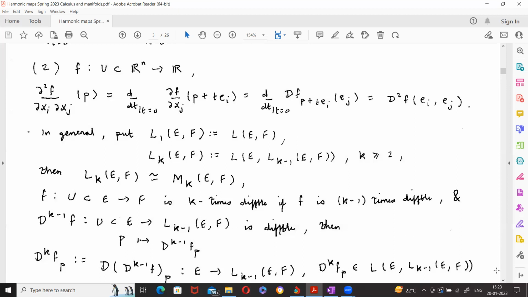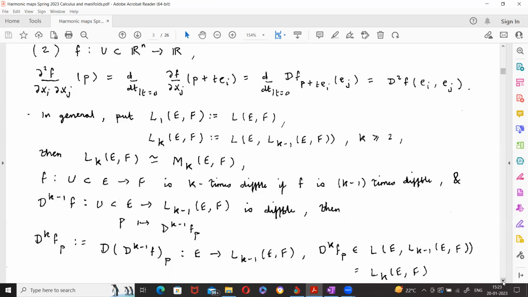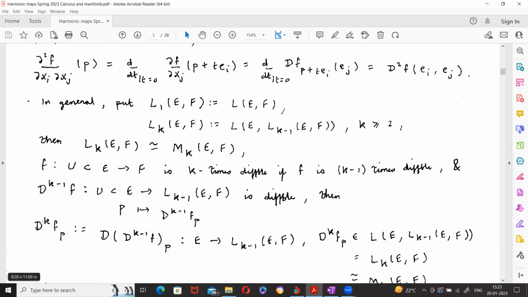Okay. So then what will the Kth derivative be? D^K F at P will be the derivative of this map, D^{K-1}F, at the point P. So D^{K-1}F is going from E to L^{K-1}(E, F). So the derivative of this map will be a linear map from E to L^{K-1}(E, F).